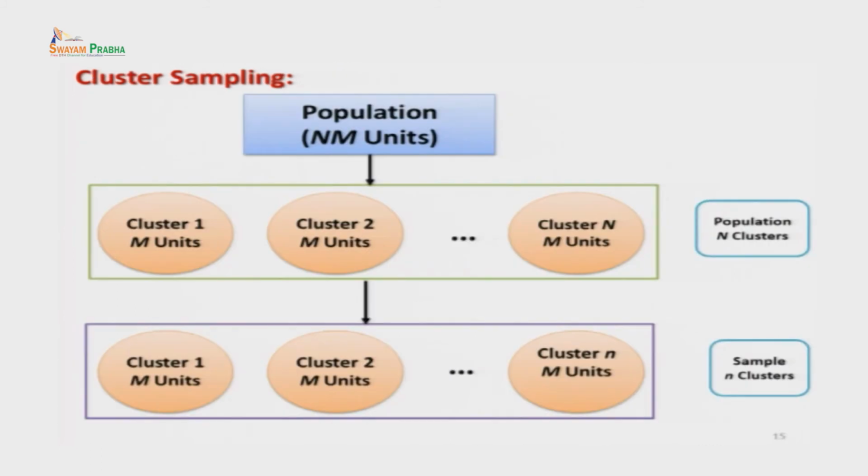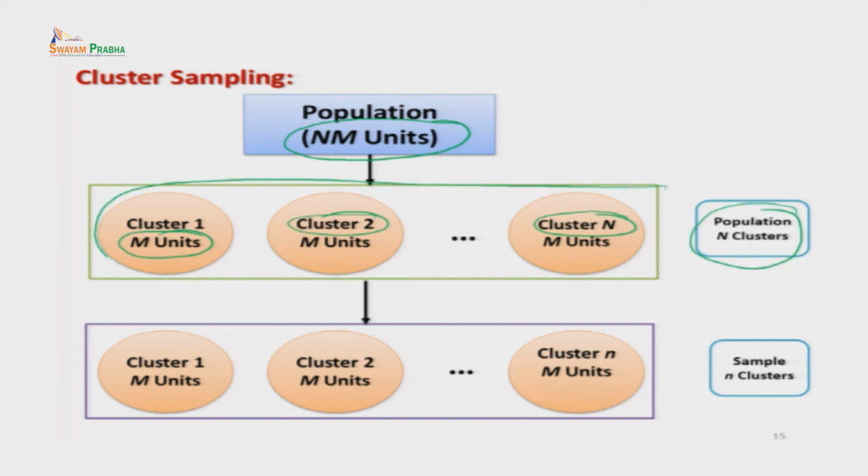Okay, so now you can see this is the status of cluster sampling. Now we have a population of size capital NM units, and these NM units have been divided into capital N clusters, and every cluster is of size capital M. So we have cluster 1, cluster 2, up to cluster number capital N. This is our population of capital N clusters.